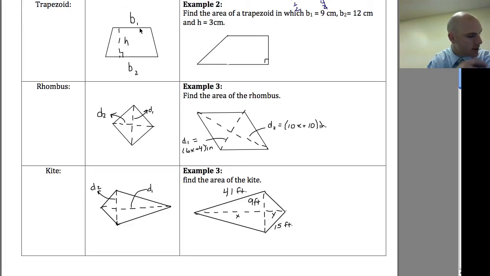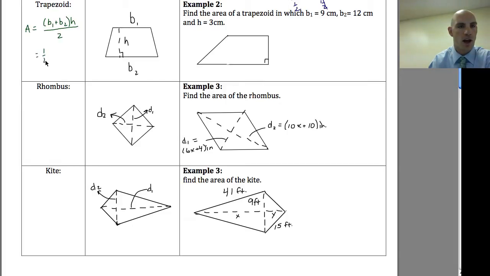Formula for a trapezoid. A trapezoid is really just kind of two different things put together. If I know that I have two bases, which are the parallel sides, and I have a height which goes at a 90-degree angle to each of the bases, I know that the area is equal to, let me make that a little bit neater so it doesn't look like a C, the area is equal to base 1 plus base 2 times the height divided by 2.